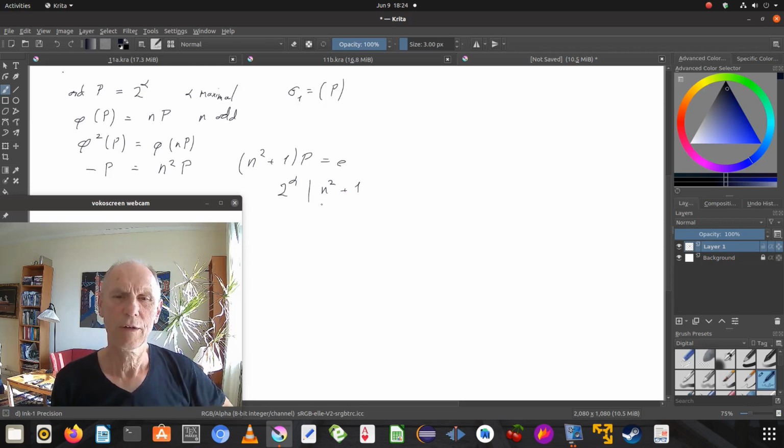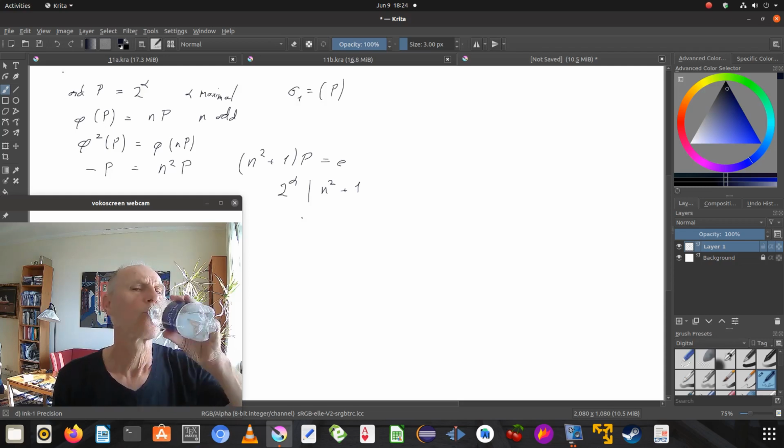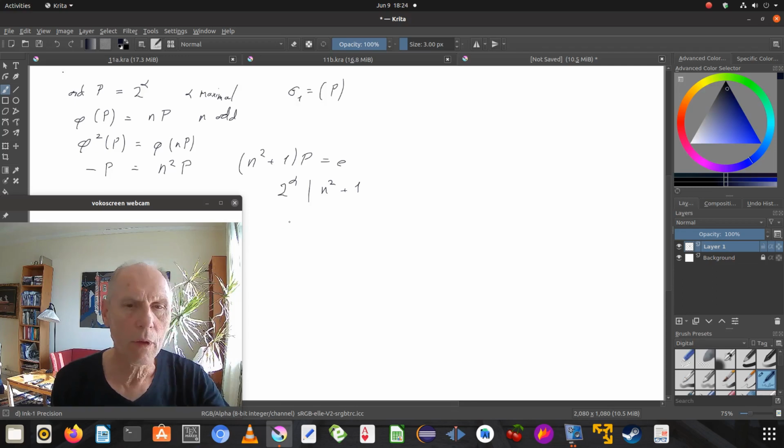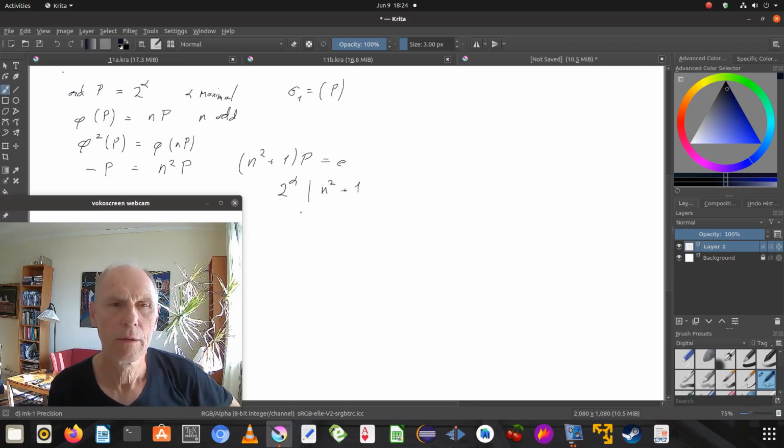Means the 2 to alpha divides n plus 1. And I see nothing odd about that.